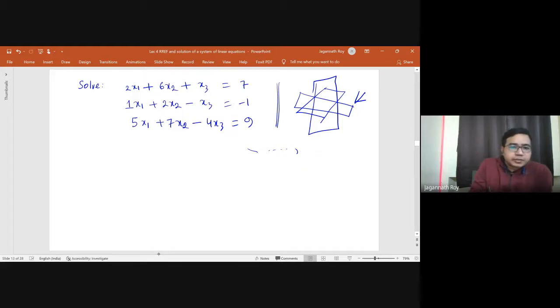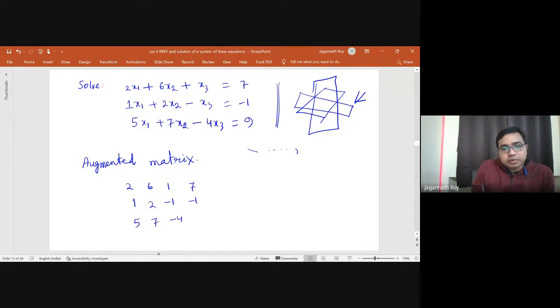So let us write the augmented matrix. What is the augmented matrix? 2, 6, 1, then 7; 1, 2, minus 1, minus 1; then 5, 7, minus 4, 9.